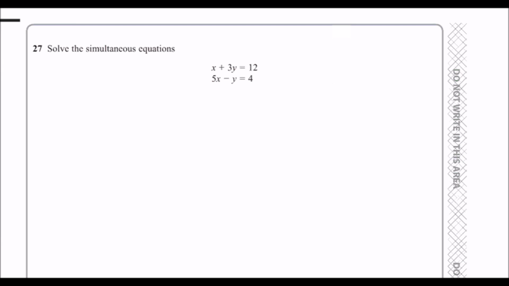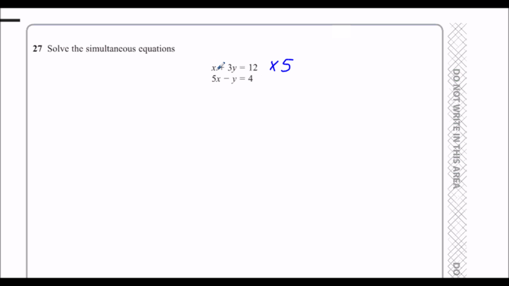Question 27. Solve the simultaneous equations. So we've got simultaneous equations. We need to make the x's the same or the y's the same. I'm going to make the x's the same. I think that's easier in this case. So I've got 1x here. To make it the same, I'm going to times the top equation, the whole top equation, all the way through by 5.